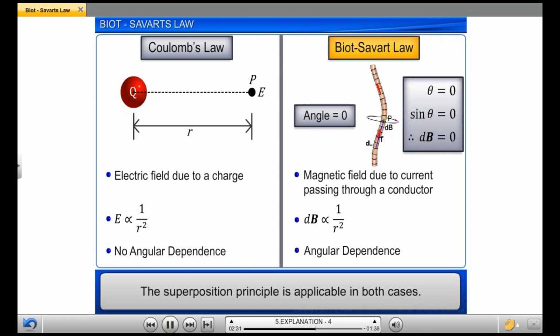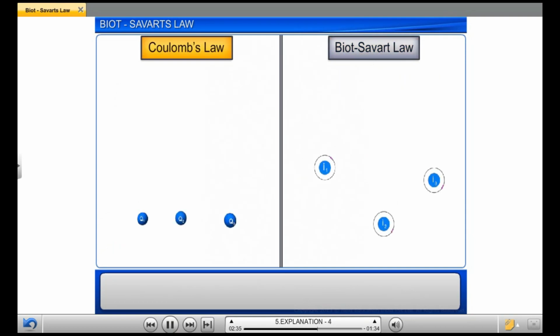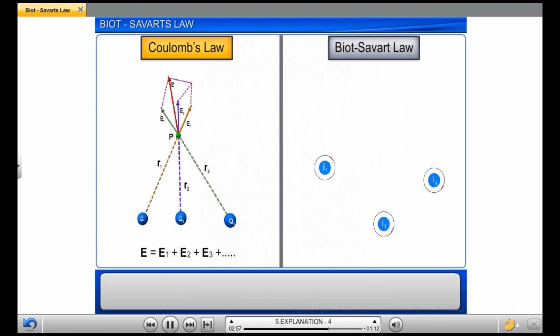The superposition principle is applicable in both cases. For the electric field produced by a system of charges, the net electric field strength E is equal to the vectorial sum of the electric fields E1, E2, E3, and so on due to the individual charges, say Q1, Q2, Q3, and so on, by the superposition principle.